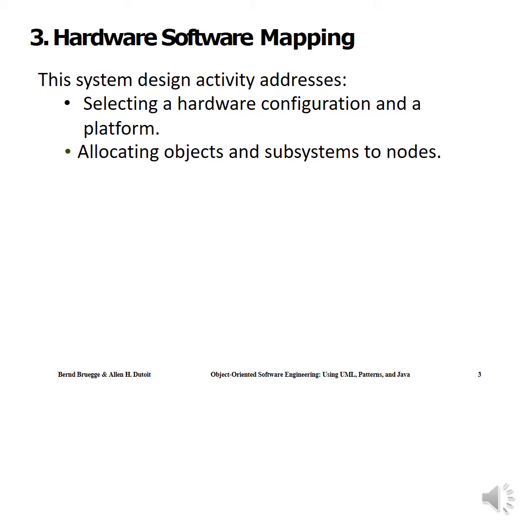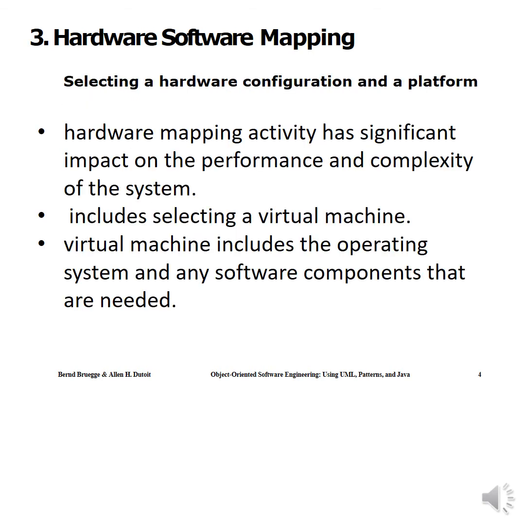So there are two activities. This system design activity addresses two issues: selecting a hardware configuration and a platform, and second is allocating objects and subsystems to nodes. So the first issue is selecting a hardware configuration and a platform.